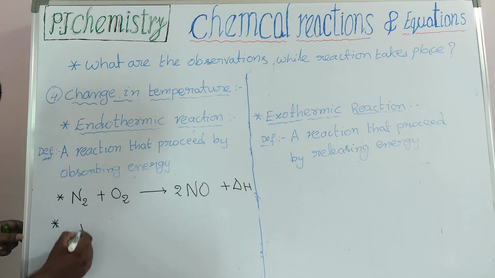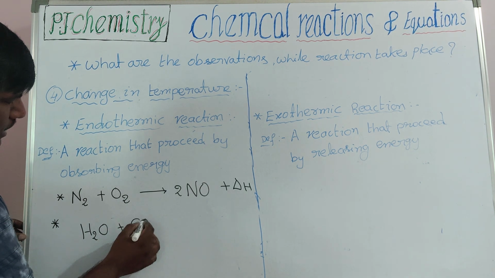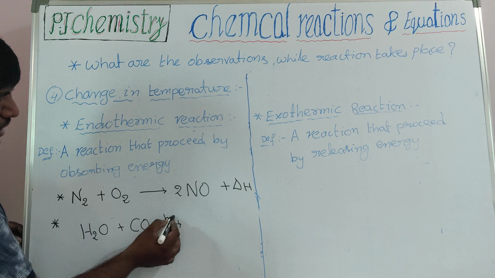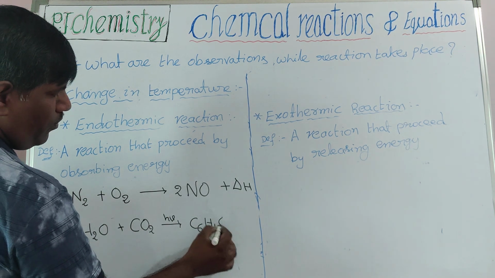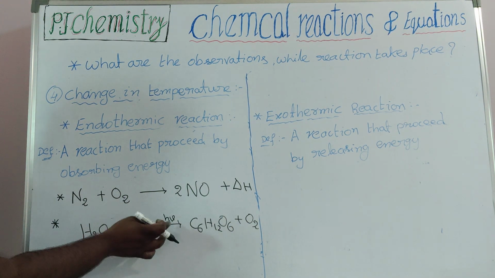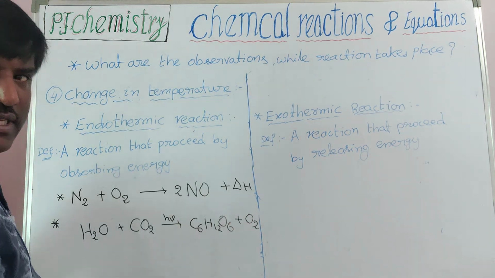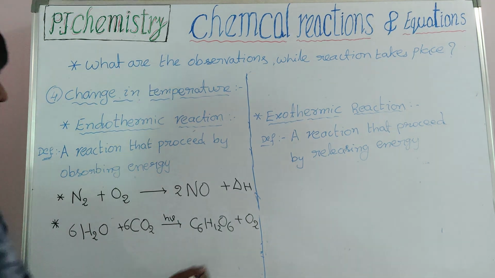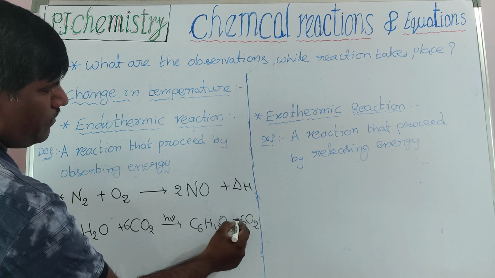The green pigment in the leaves has water, and it absorbs carbon dioxide, what we exhale. In presence of sunlight, food is prepared as C6H12O6 plus oxygen gas liberated. So plants take carbon dioxide in presence of sunlight and prepare glucose and oxygen, which we use.